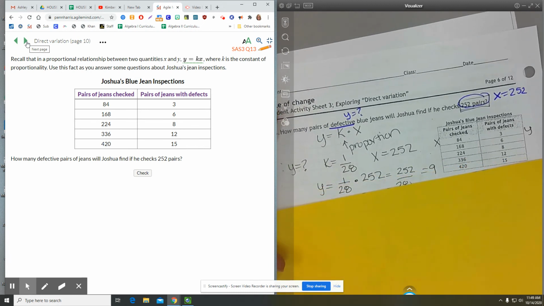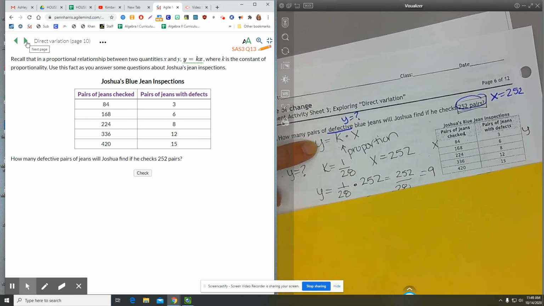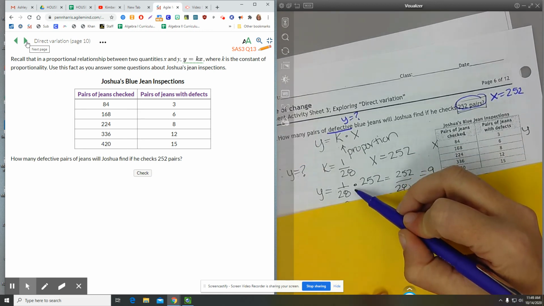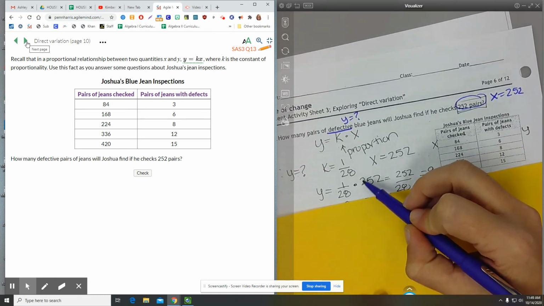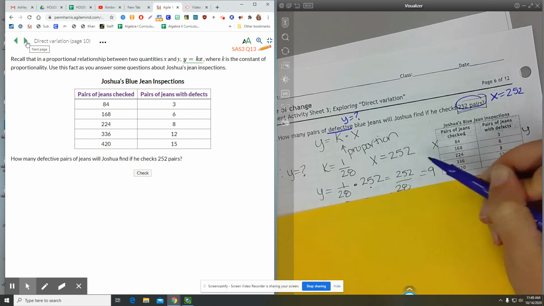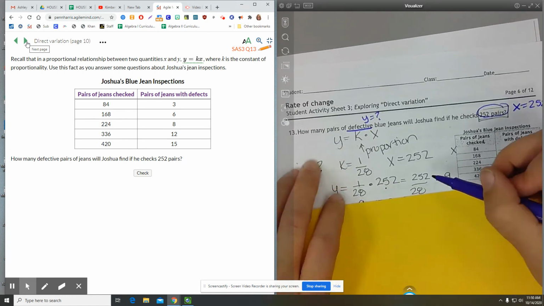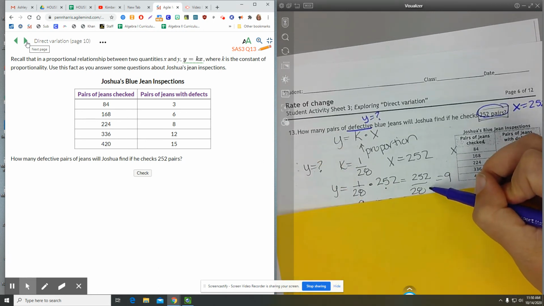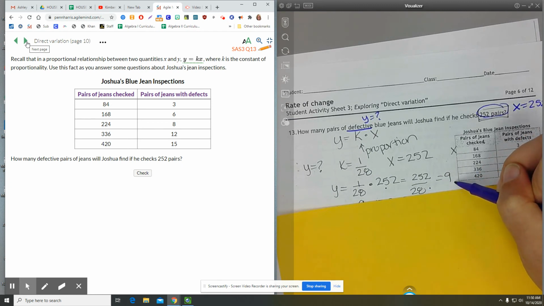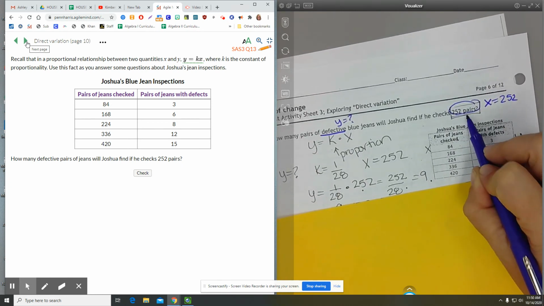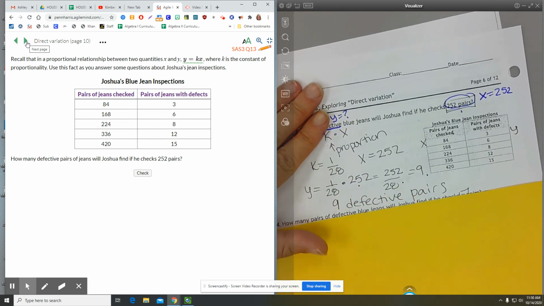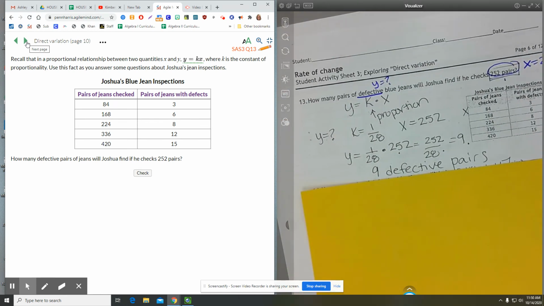So let's fill it into the formula. Y, our unknown, equals 1 over 28 times my x, 252. Simplify this. That's 252 over 28, which equals 9. If I check 252 pairs of jeans, we are going to find 9 defective pairs.